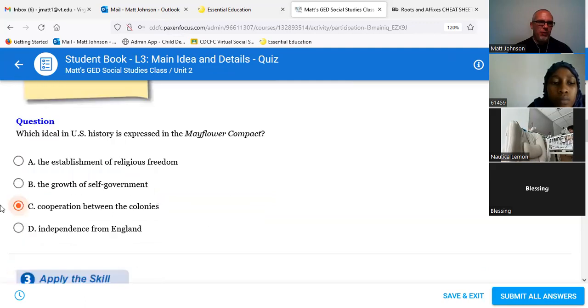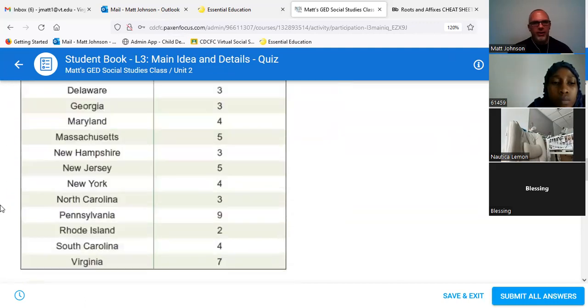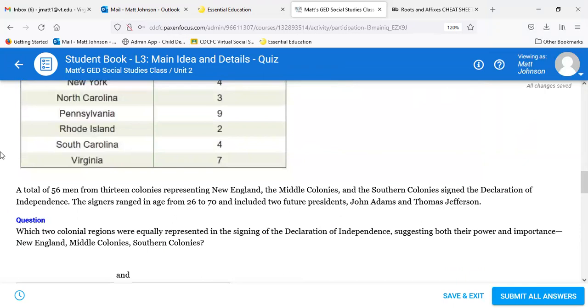And our second one here. Oh, okay. So we got fill in the blank. Let's see what it's asking us here. A total of 56 men from 13 colonies representing New England, the middle colonies, and the southern colonies signed the Declaration of Independence. The signers ranged in age from 26 to 70 and included 2 future presidents, John Adams and Thomas Jefferson.